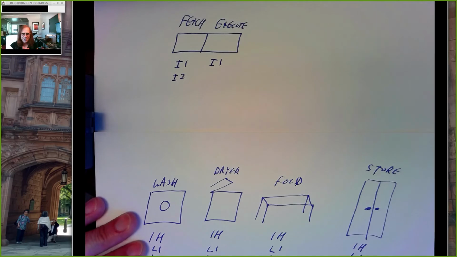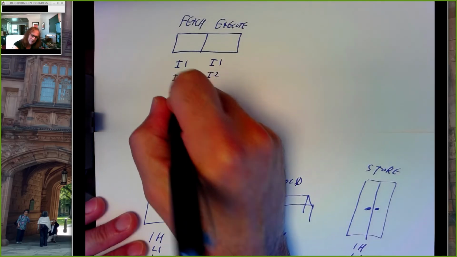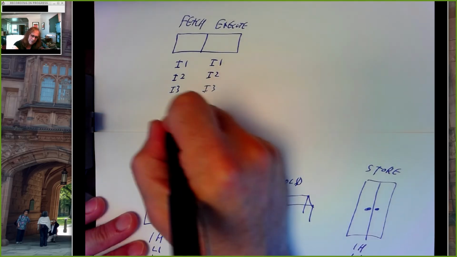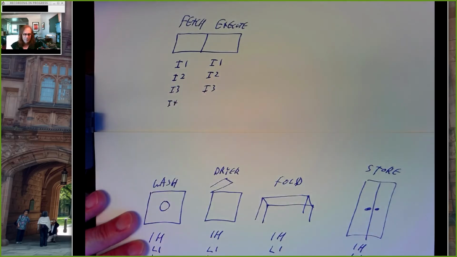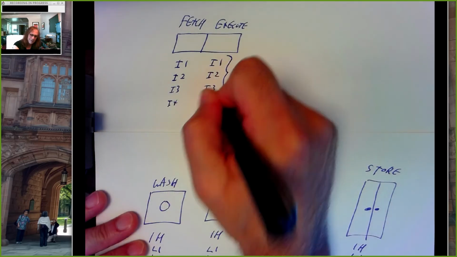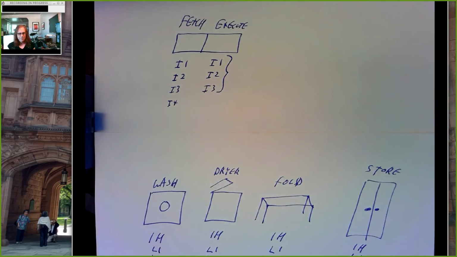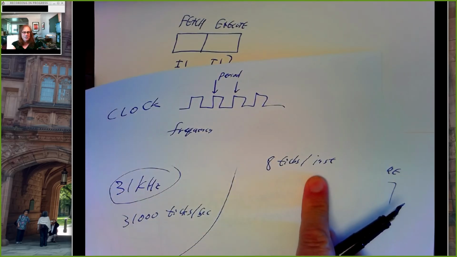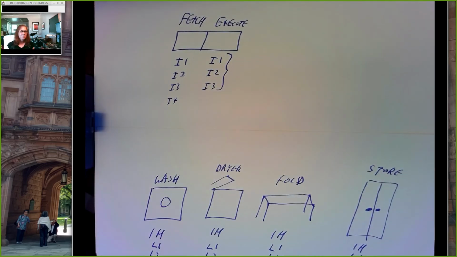And then 4 ticks later, instruction 2 executes, and we fetch instruction 3. And 4 ticks after that, instruction 3 executes, and we fetch instruction 4. And so it looks like every 4 clock ticks, another instruction finishes. And so even though the instruction actually takes 8 clock ticks to execute, we complete another instruction every 4 clock ticks.